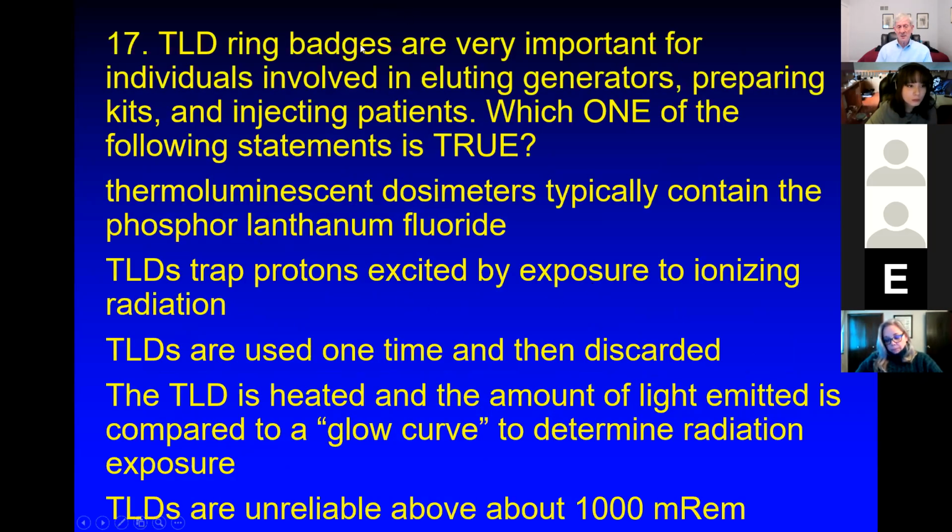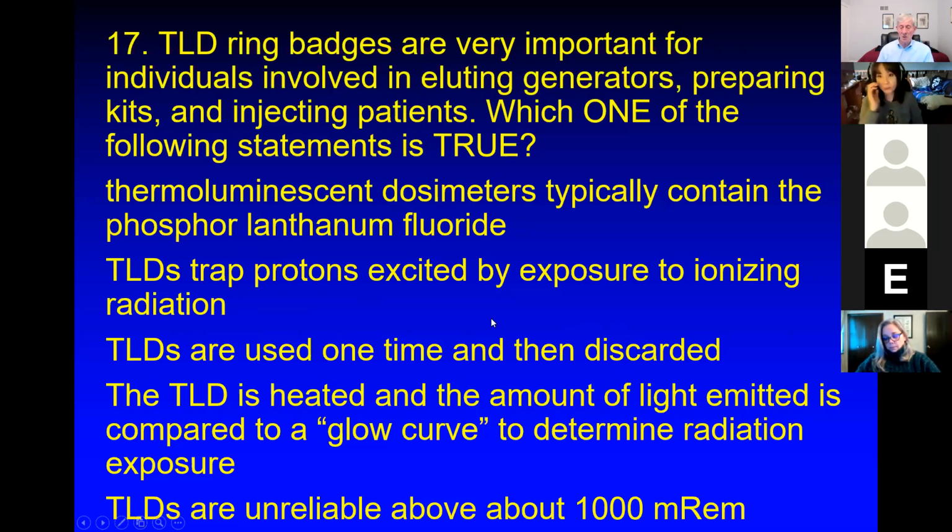17, TLD ring badges are important for eluting generators, injecting patients, and so on. Which one of these is true? Let's go down the list. TLD dosimeters contain lanthanum fluoride. That's false. It's lithium fluoride. TLDs trap excited protons. That's false. They trap excited electrons. TLDs are used one time and discarded.